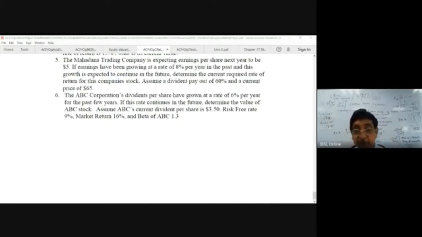Laknath has given the answer. Good. Others also try and get an answer, because I request all of you to engage in these things. That is the most important thing. Chamali, correct. Chamali also has got it. And you can extend your work to the final answer, because with that calculation you have the required rate of return and the other data is available, so you can arrive at the stock price also. Just arrive at the stock price.